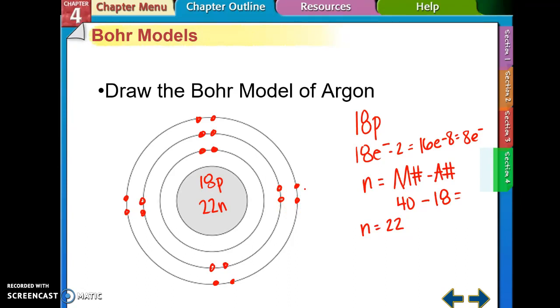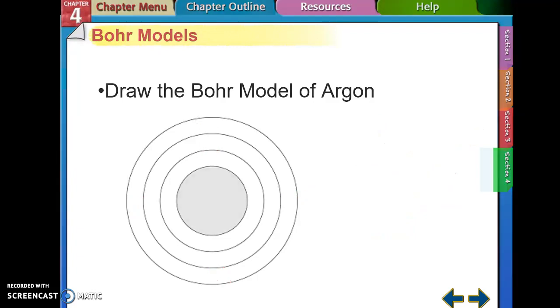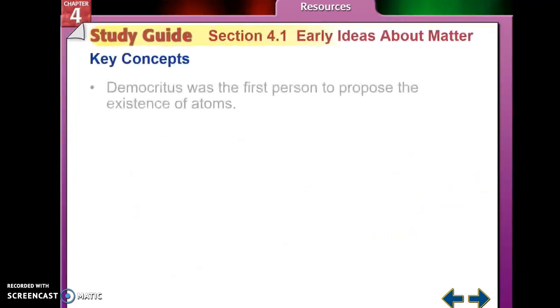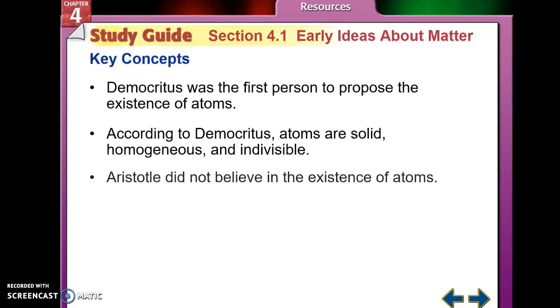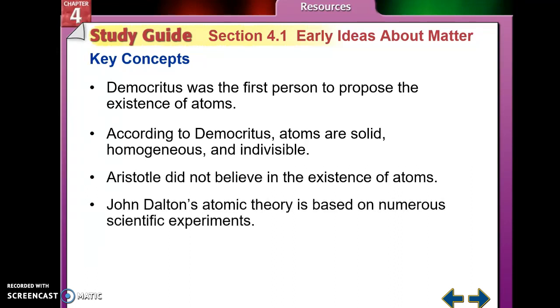Bohr models are going to be something that will be really important going forward when we further refine them into using the Aufbau and into talking about atomic emission spectra. On the next couple slides, it's mainly a review. Remember that Democritus was the first guy to propose the existence of atoms. He said they were solid, homogeneous, and indivisible, but Aristotle did not believe him.